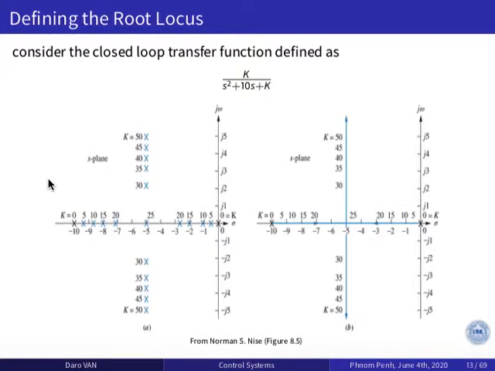And you can see that this is the location of the poles. Okay, and if you connect them together, it is called the root locus. You can see from here, like this.